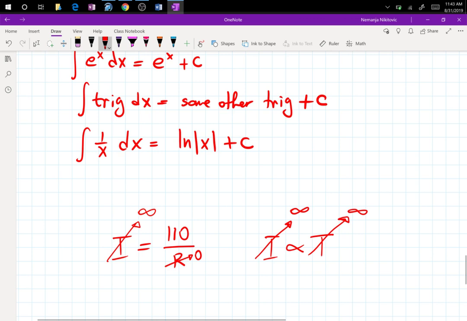Because the wire has, I said going to 0, right? It's not exactly 0, it's going to 0. So when the 2 prongs are open right now, they technically have infinite resistance between them, and there is no current flowing because 110 divided by infinity is 0.